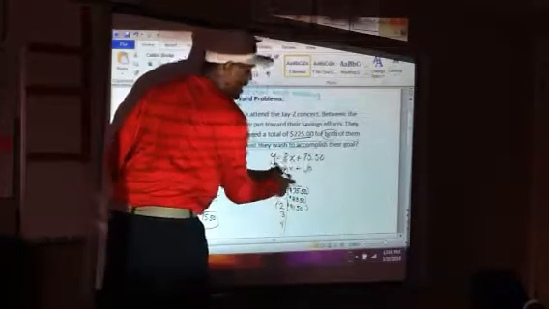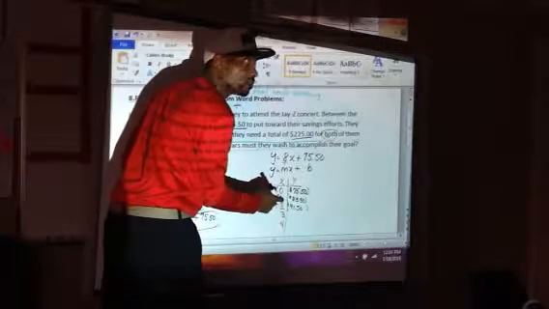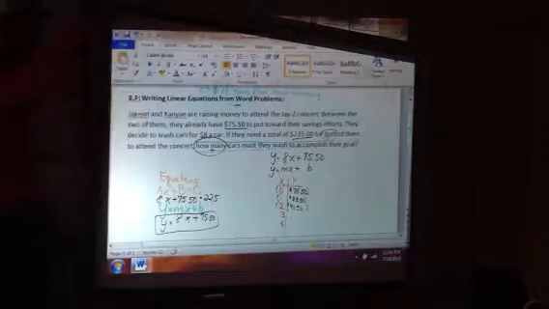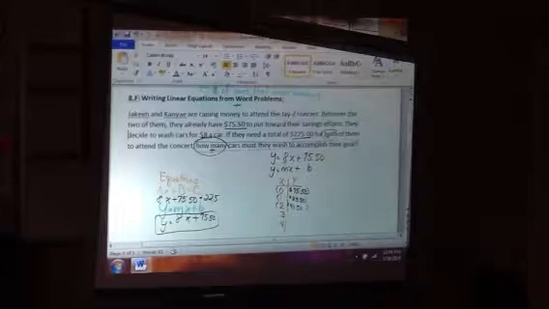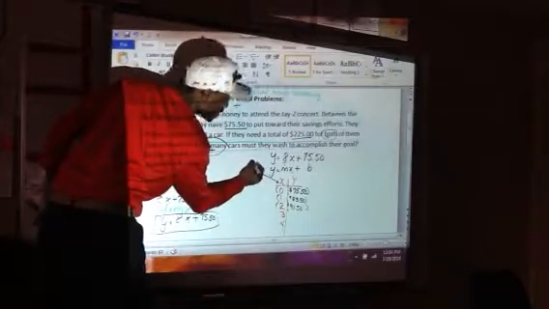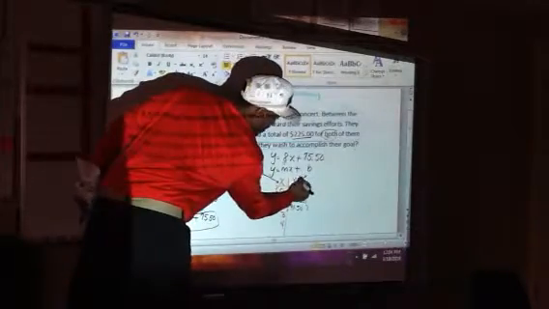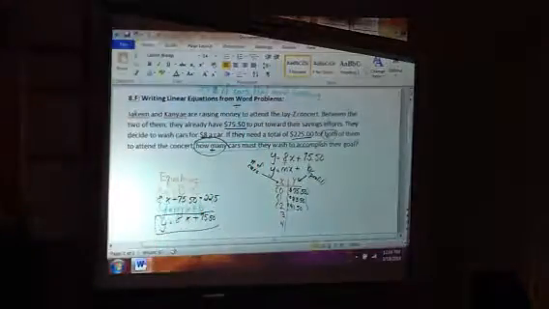So the x-axis is measuring what? Number of what? Number of cars. Number of cars washed. And the x value and the y value tells us what? So if that's number of cars, profit. Exactly right. Profit.